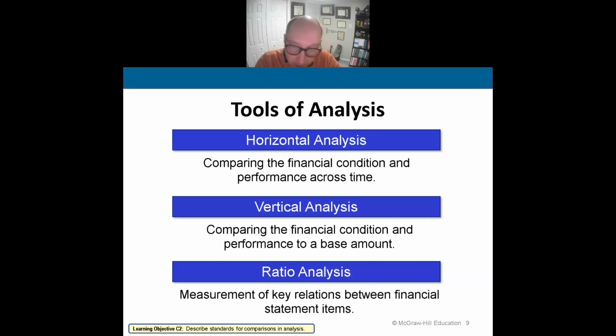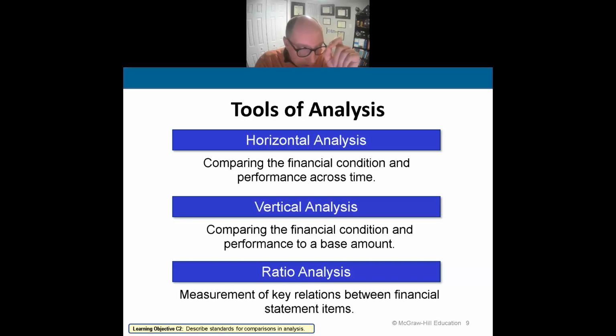On the income statement, I can express every line item on my income statement as a percentage of total revenue. I'm going to say that again. On the income statement, for vertical analysis, I can express every line item as a percentage of total revenue.